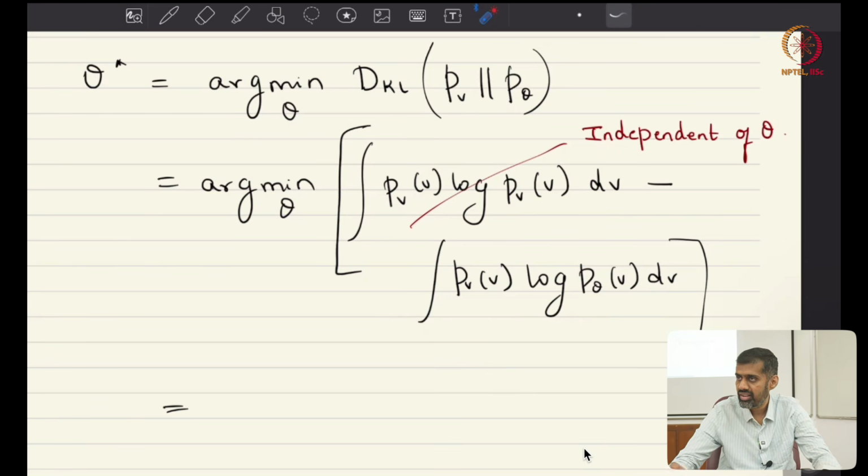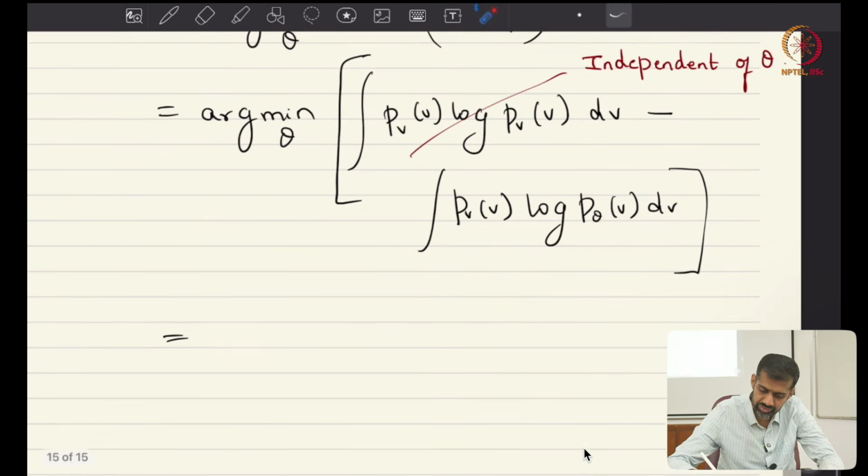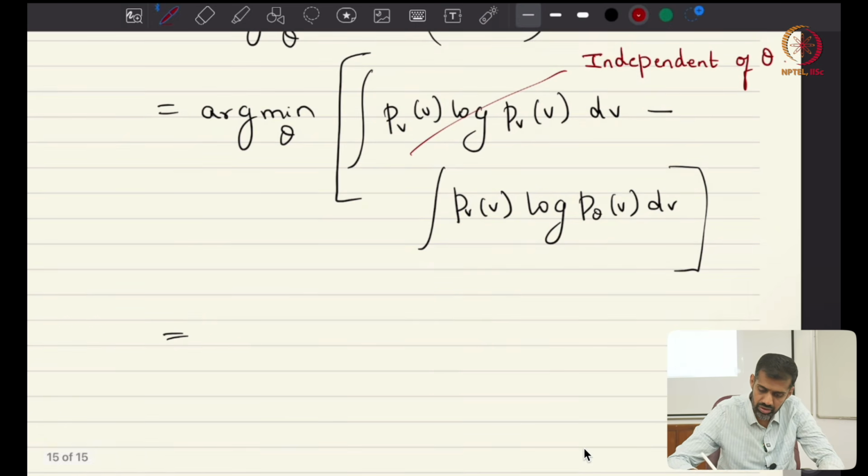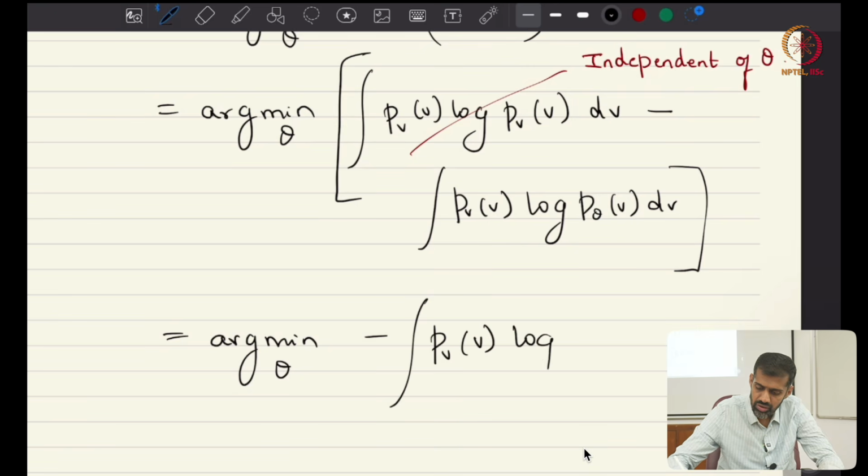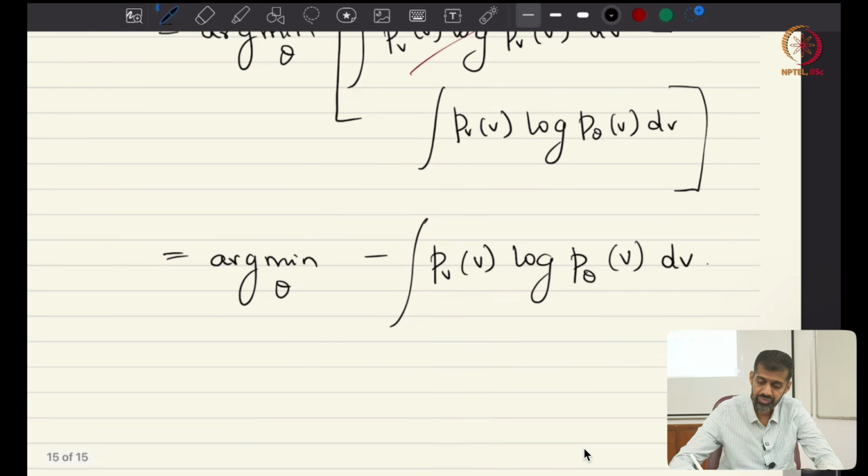So I can just knock that term off. Now I want to minimize the negative of the integral PV log P theta dV. This is the optimization problem that I want to solve now.